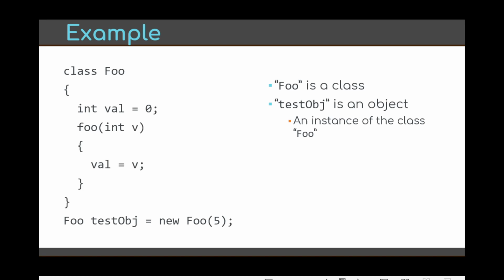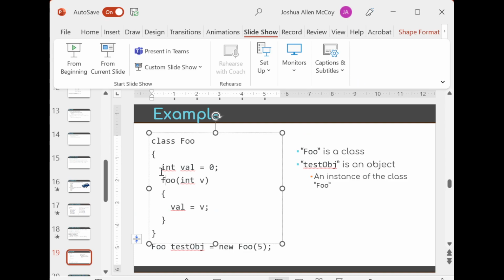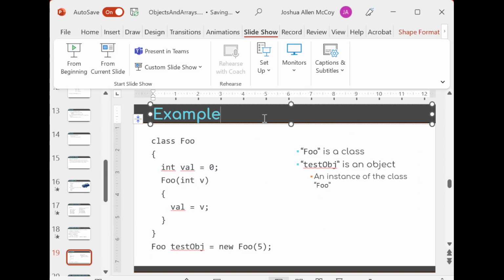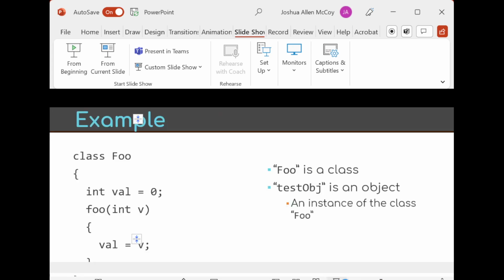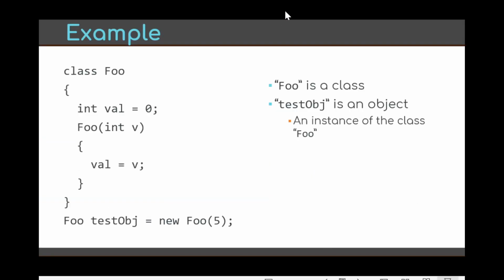Now here's a special function. If you have a variable name or a function name that's the exact name of your class, that's called the constructor. It's called when you make a new Foo and you say, hey, I want a new Foo, it directly calls that constructor.